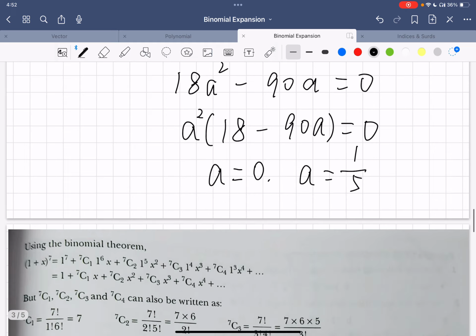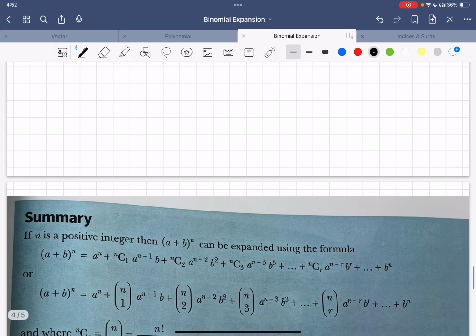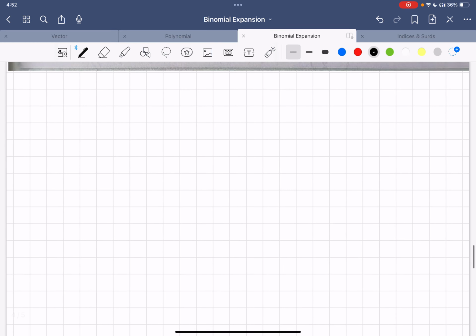I believe here is a question for you guys to follow. When the power gets too high, for example, we got 2. Oh, this is too easy. Let me choose another one for you guys.